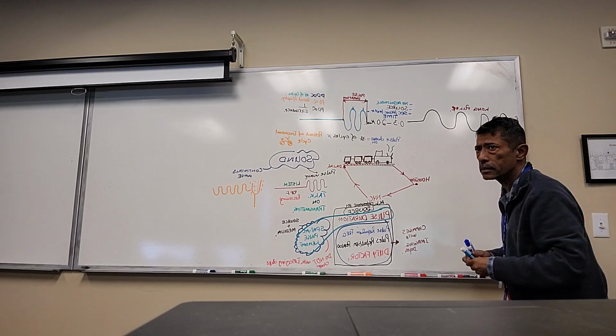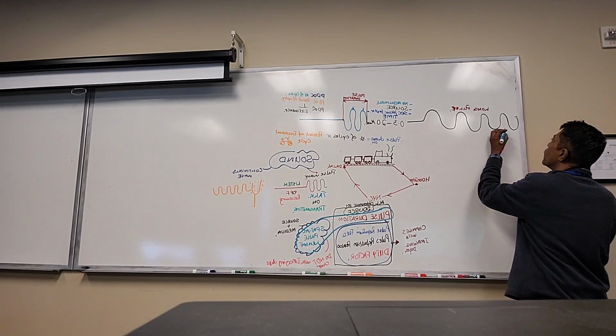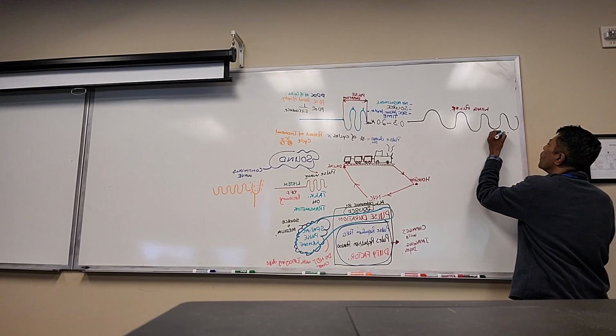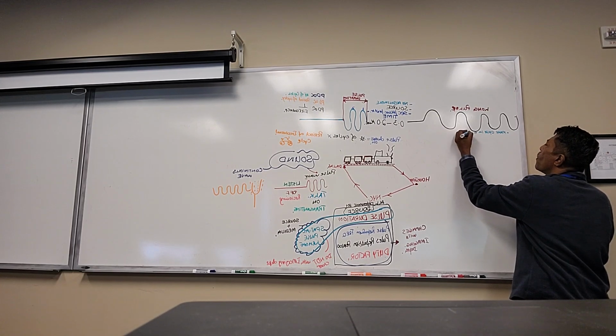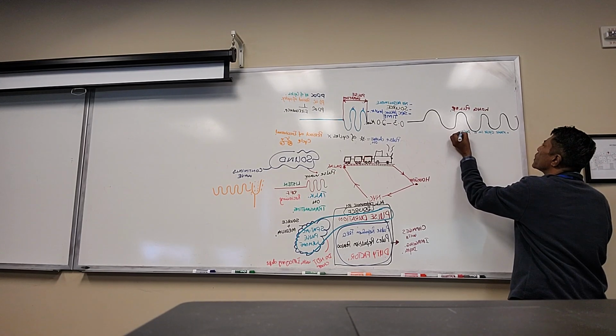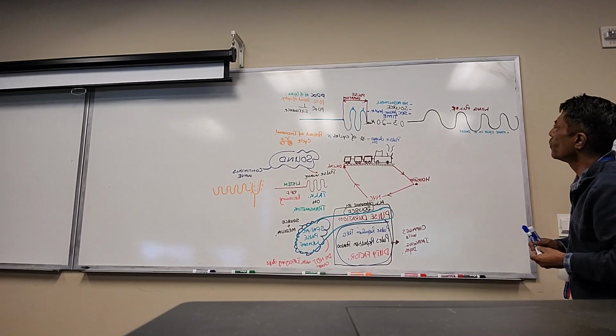Many cycles in a pulse. What makes it long?